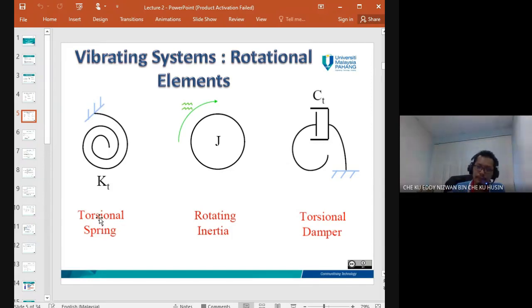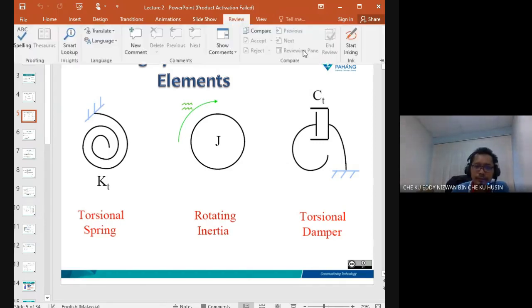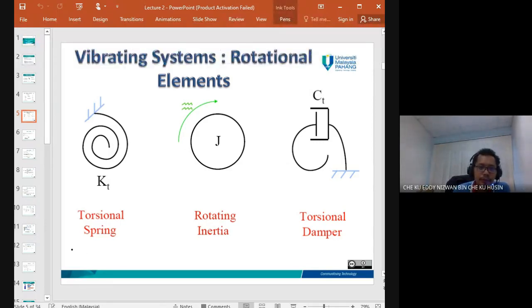Instead of force, we measure the torque applied to the system, which is the moment. For the torsional spring, M equals KT times theta, where theta is the angular displacement.